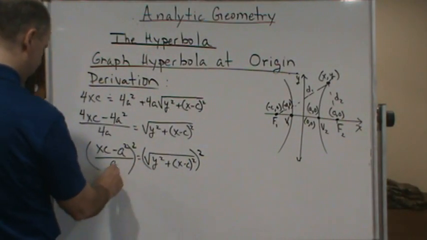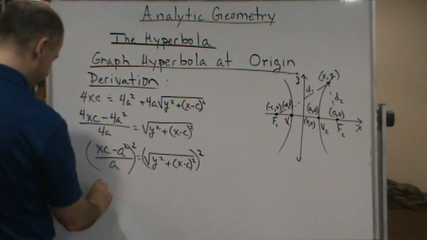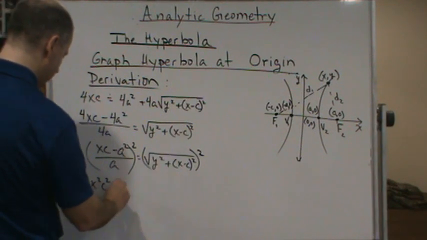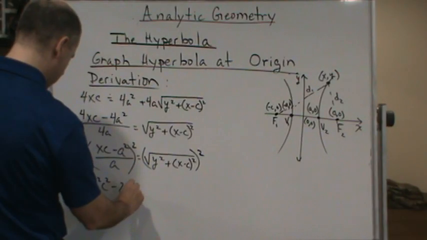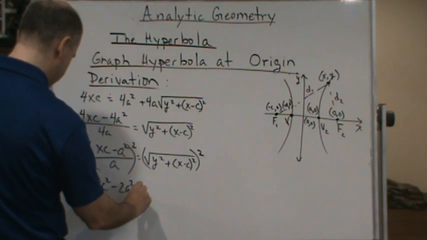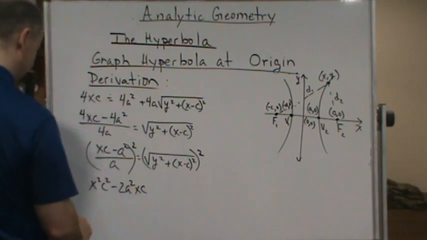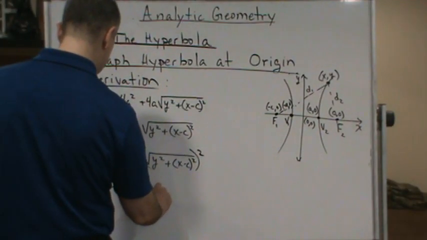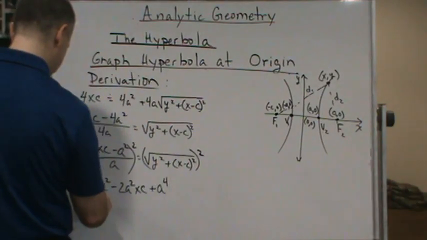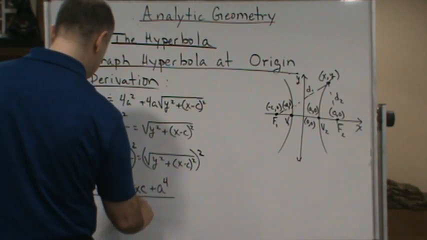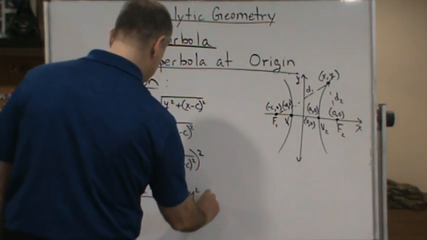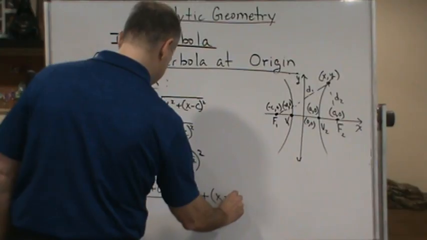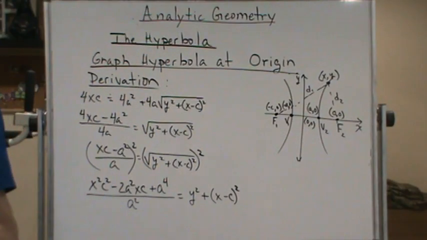It's going to give me the top squared, which is going to give me x squared c squared minus 2a squared xc plus a to the 4th, all over a squared, and that's going to equal y squared plus (x minus c) quantity squared.